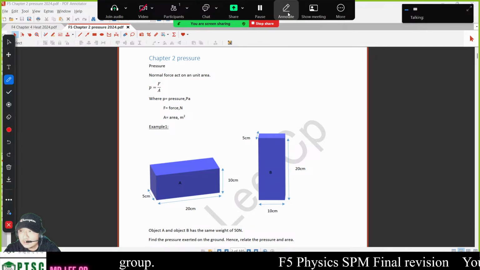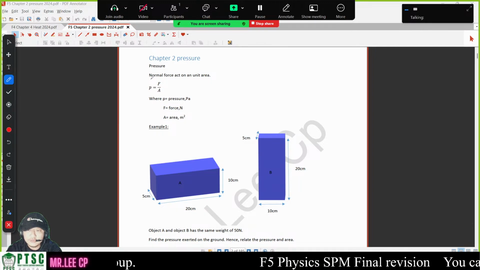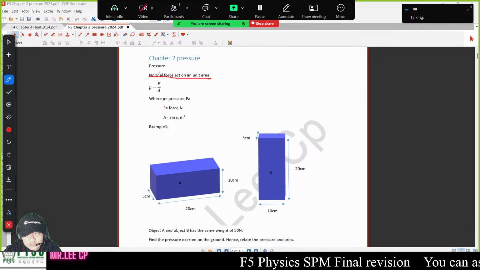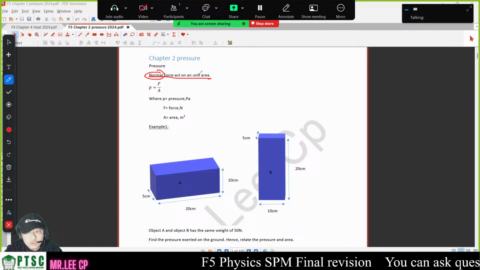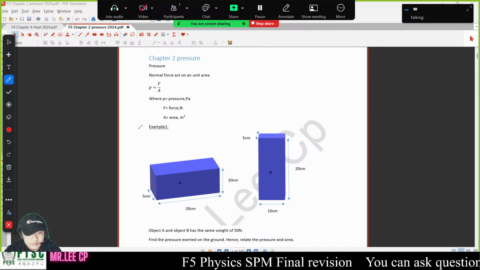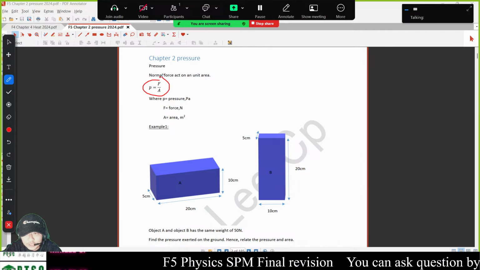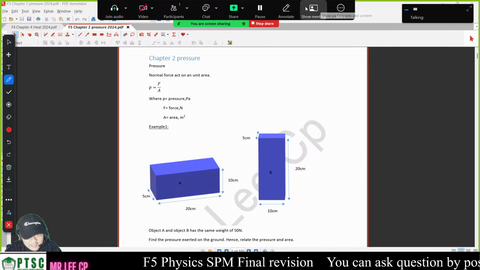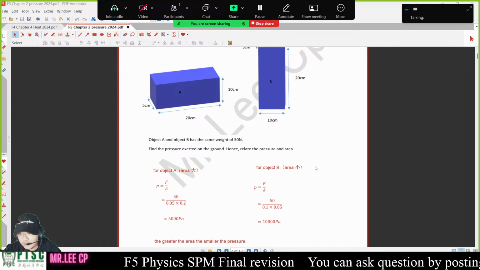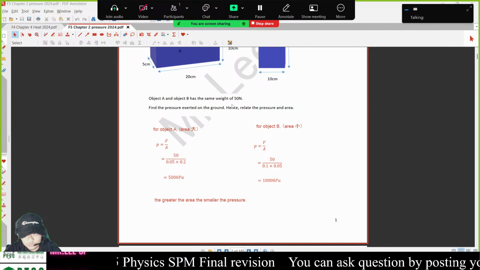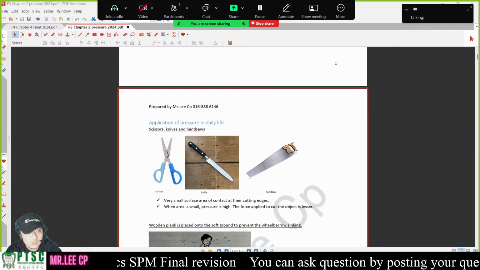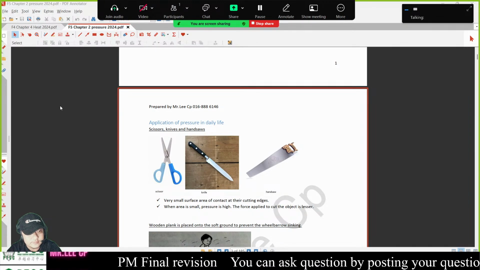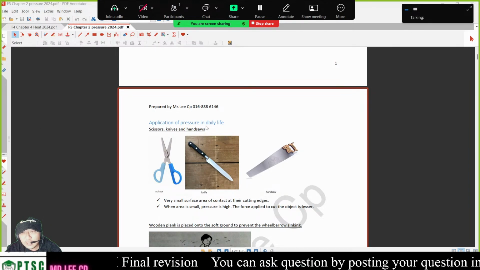What is the definition of pressure? Pressure is normal force, normal meaning 90 degrees, acting on a unit area. So pressure is equal to force over area. We are not going to do the calculation here, but you need to know applications of pressure in daily life.